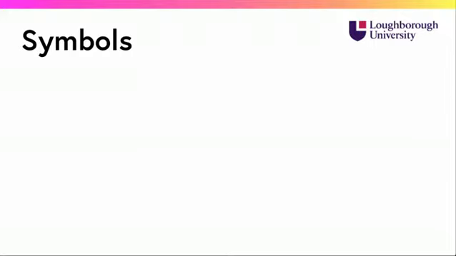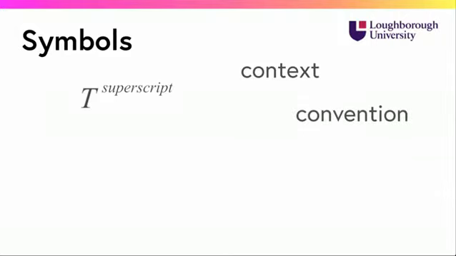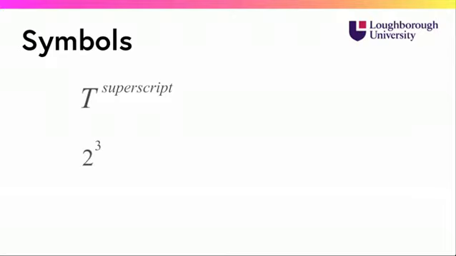Be aware that the use of superscripts can be confusing. This is because they are used in different ways and can mean different things depending upon both context and convention. For example, superscripts are also used to represent powers of numbers, as for example when we write 2 to the power 3 or 2 cubed, which means 2 times 2 times 2, or 8.